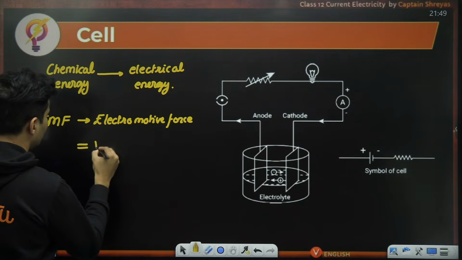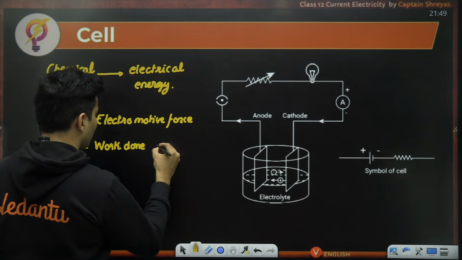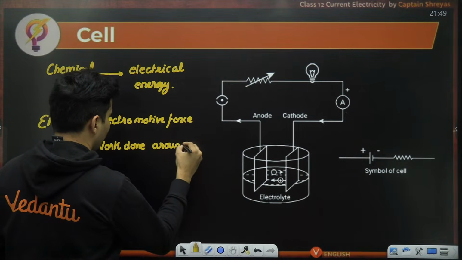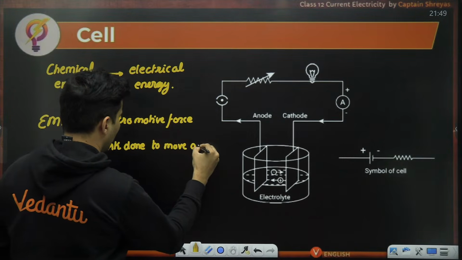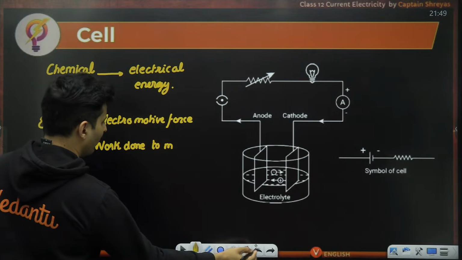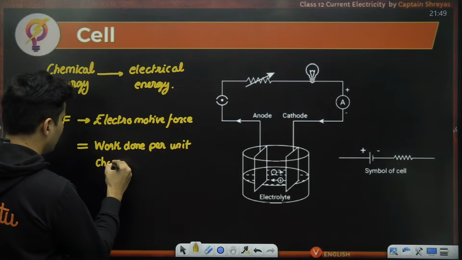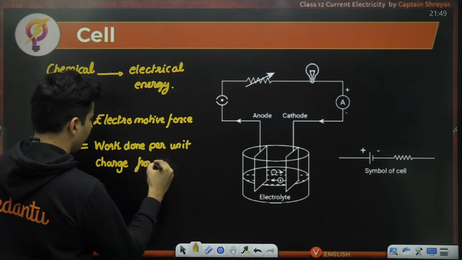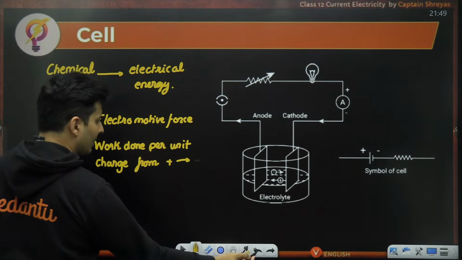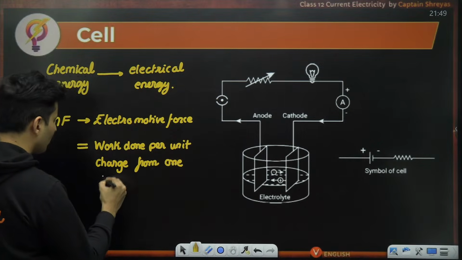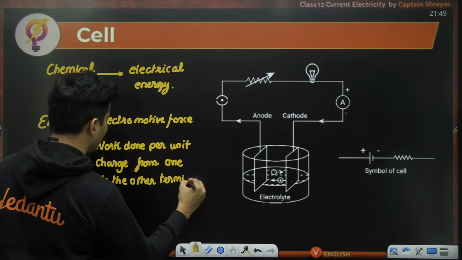It is also the work done per unit charge to move from one terminal to the other terminal of that particular cell.